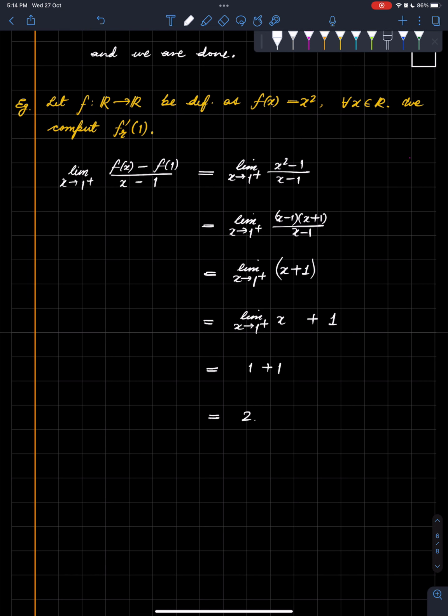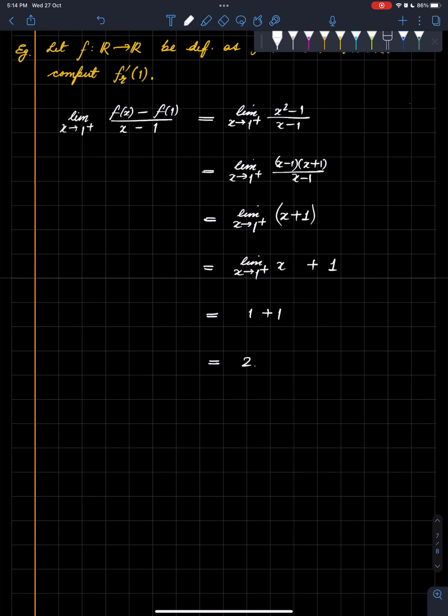So the right limit exists and is equal to 2, and you can easily show that the left limit exists and is also equal to 2. So the function in fact is differentiable because the slopes are equal. So one can summarize the above discussion by saying that f prime, the derivative of f at 1, equals 2.